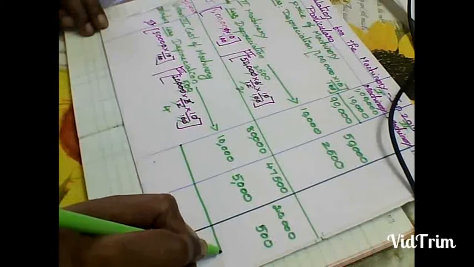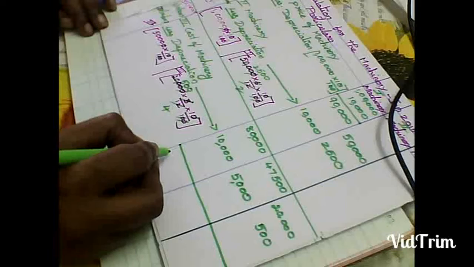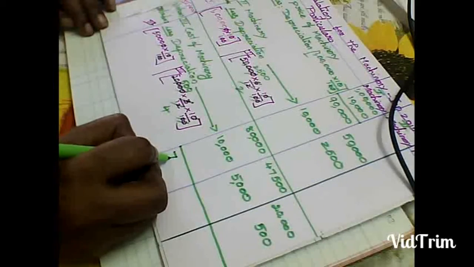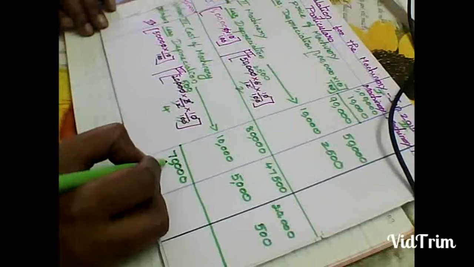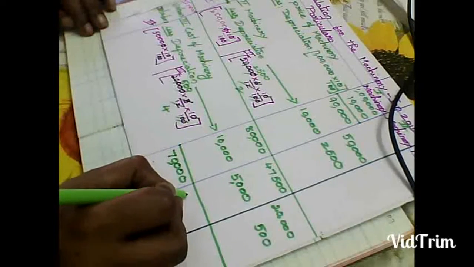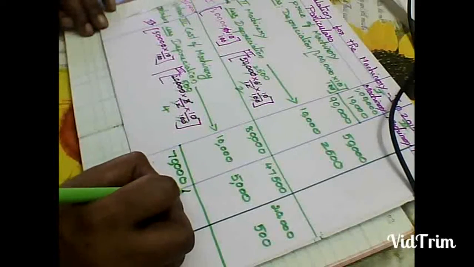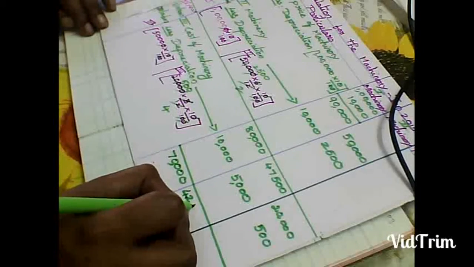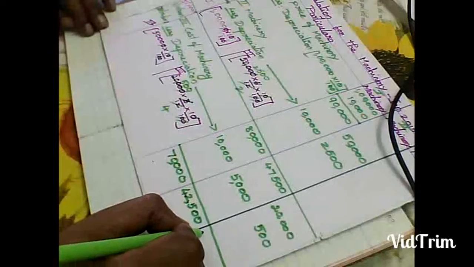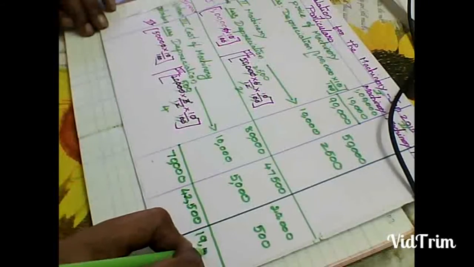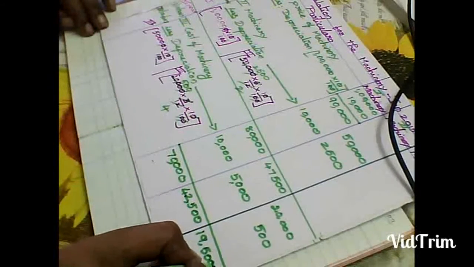So now it is 70,000, and here 40 to 500, and here 19,500.